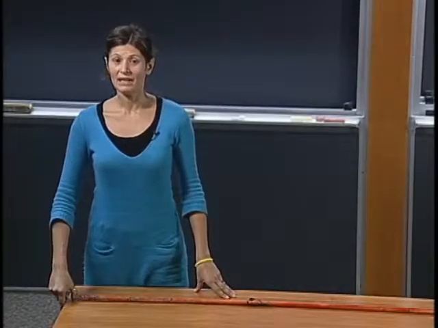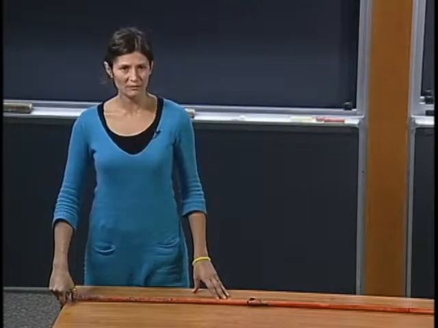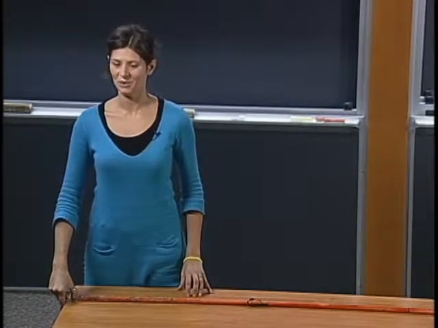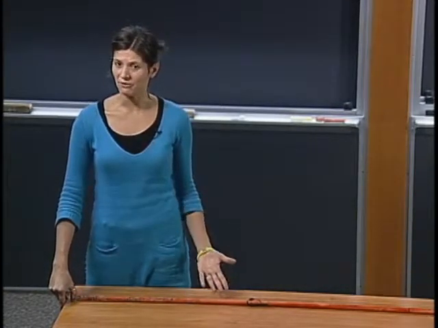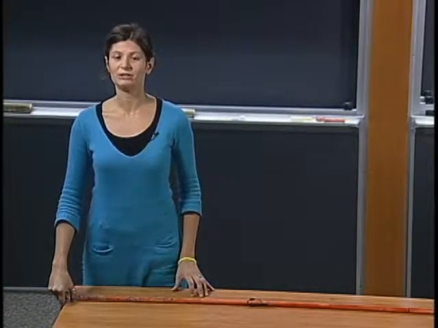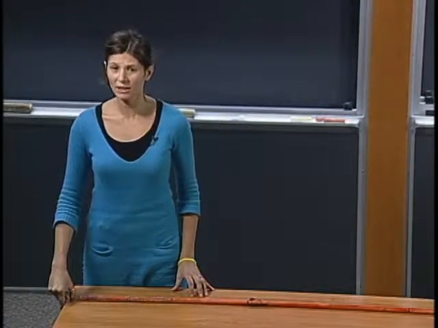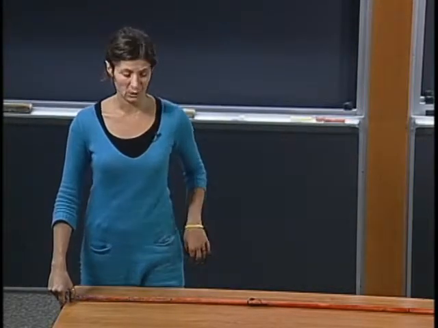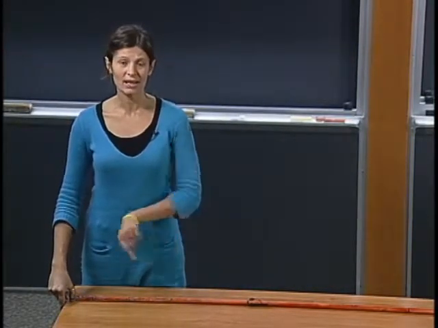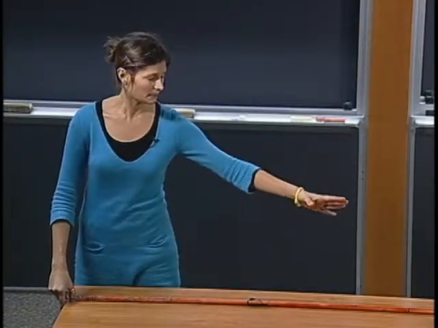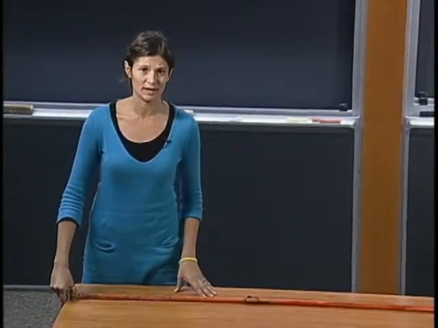Welcome back. Now that we know how to create some waves, we want to look at their anatomy. So what is a wave? A wave is a perturbation that travels in time and space. A transverse wave is a wave that is oscillating in one direction and is traveling in the perpendicular direction.